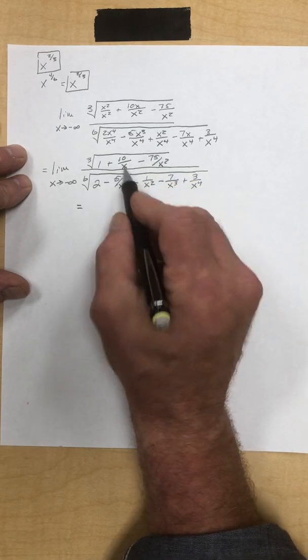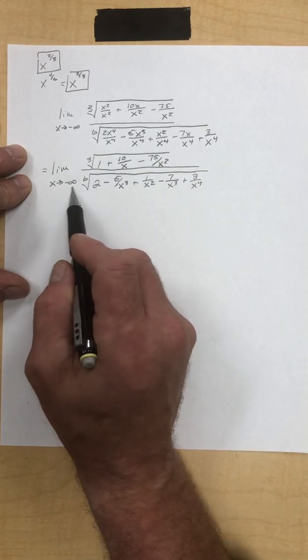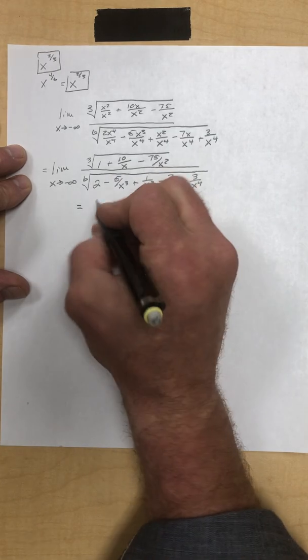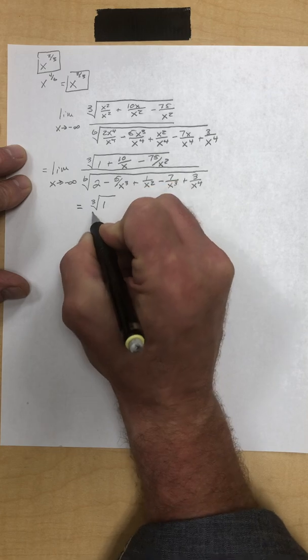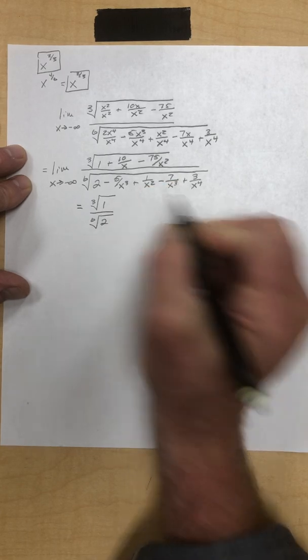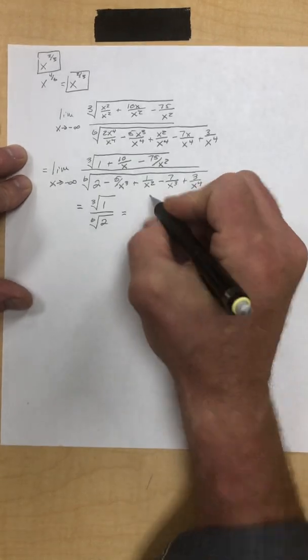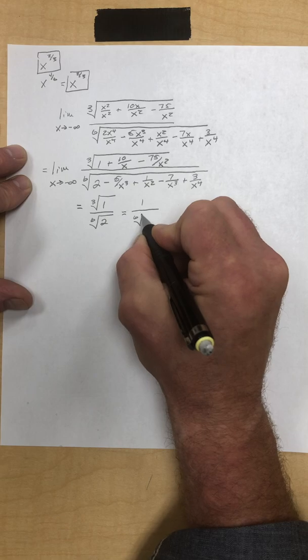So all of these terms that have x's in the denominators go to 0 as x gets towards negative infinity. So we end up with the cubed root of 1 over the sixth root of 2, and the cubed root of 1 is just 1. And then I have the sixth root of 2.